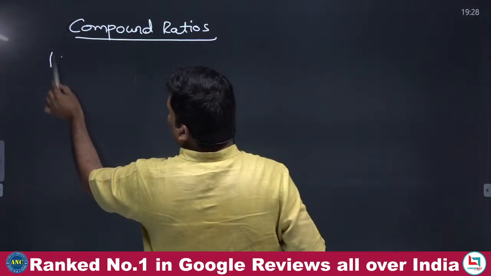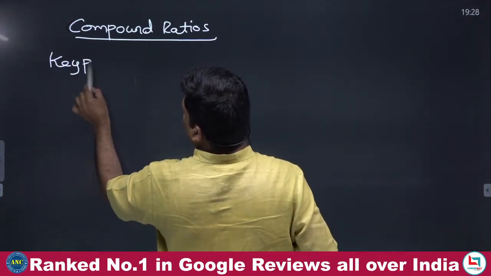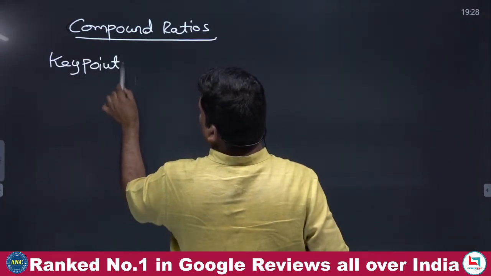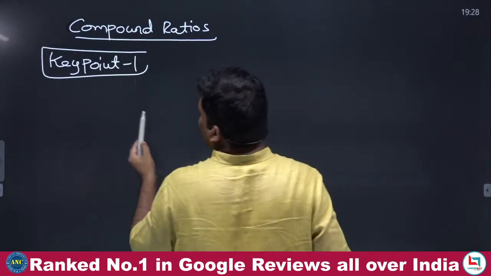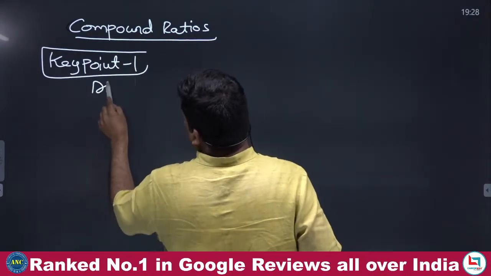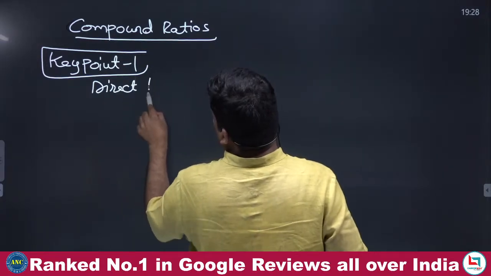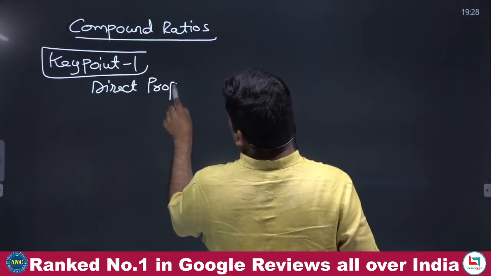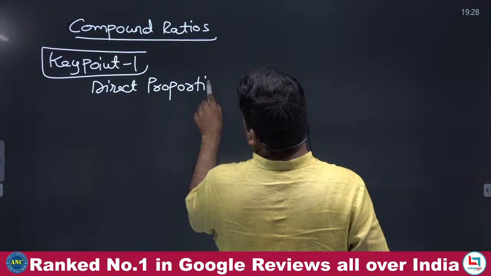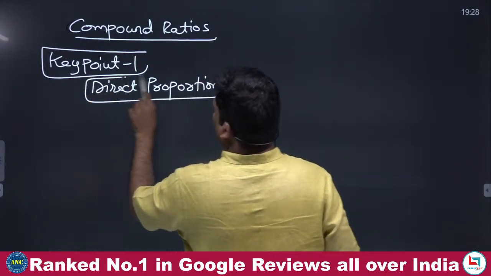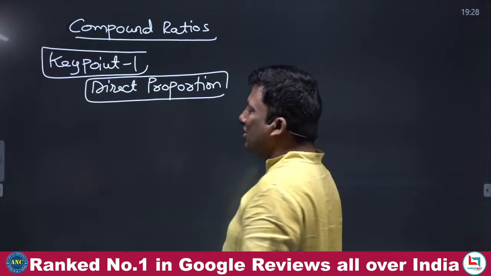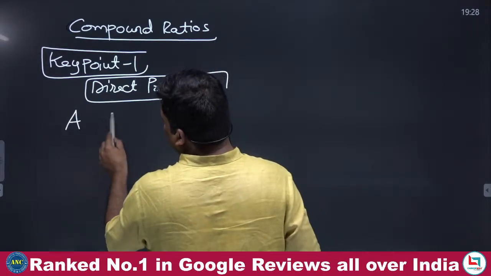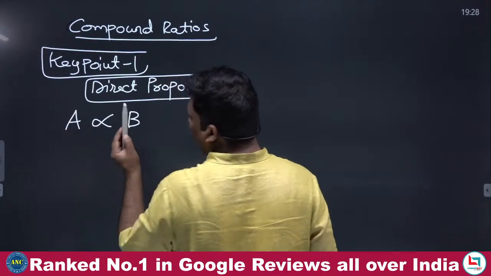Two key points which we will do. Key point 1: direct proportion. Listen carefully, sir. In direct proportion, how to find these ratios in the simplest form? If A is double, B will be double.